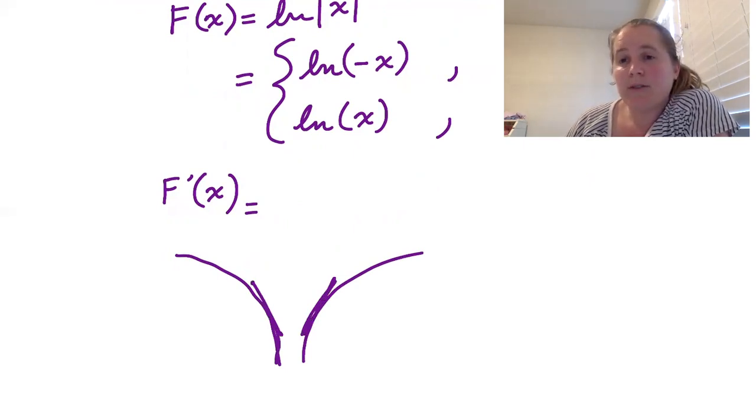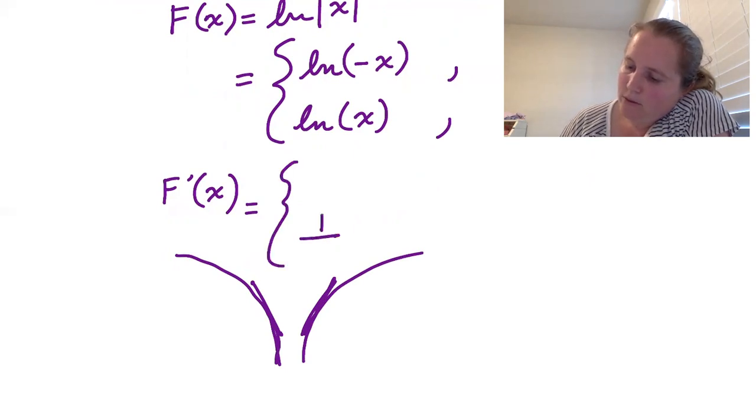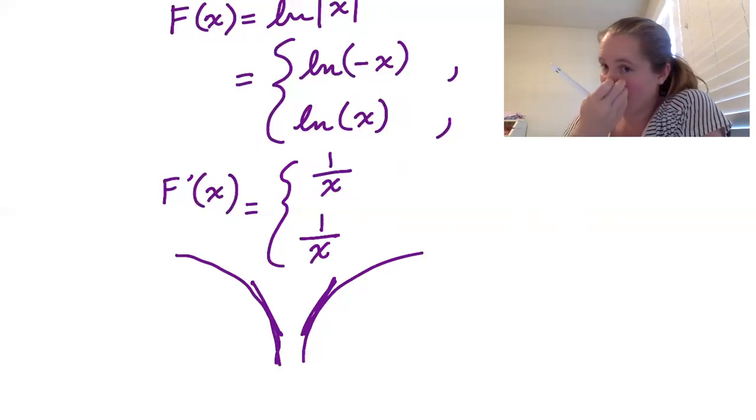And so when we take the derivative, all we're doing is we're flipping its direction and changing it from increasing to decreasing. And so if this goes to 1 over x, this also winds up being actually just 1 over x, because we do want the negative involved over there.